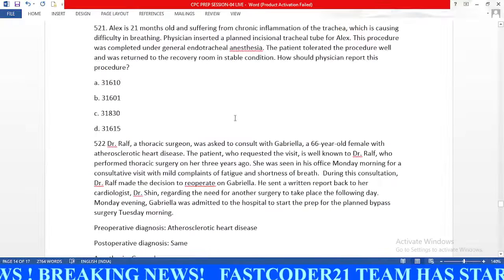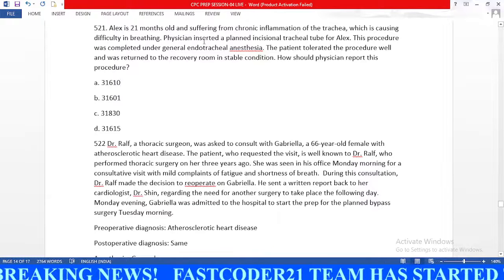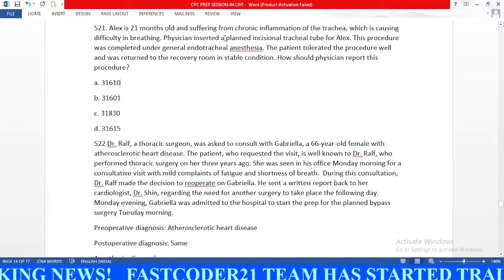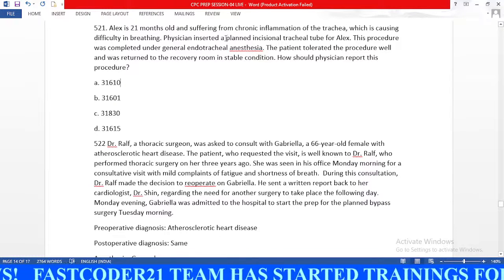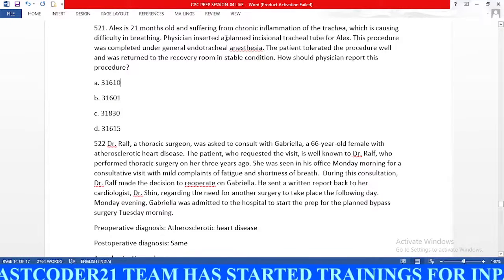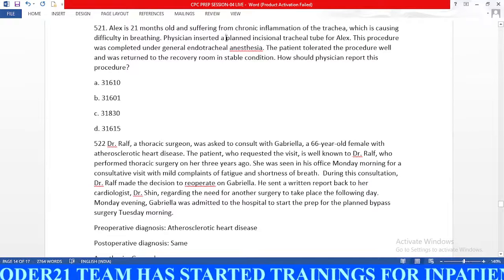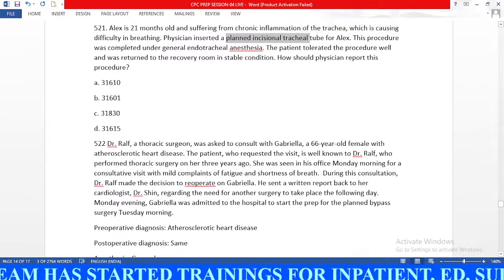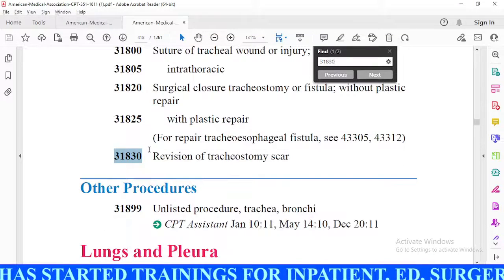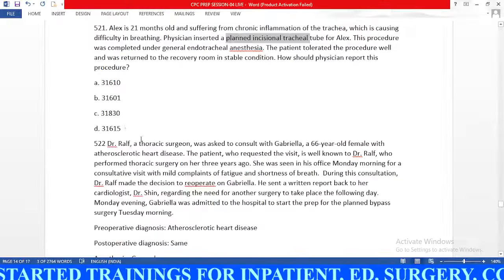In our question there is no mention of revision. This is the initial insertion. Revision means after the initial insertion, the physician will adjust the tracheostomy. As per our question, it is an initial planned insertion of tracheal tube. So directly we can eliminate 31830 also.